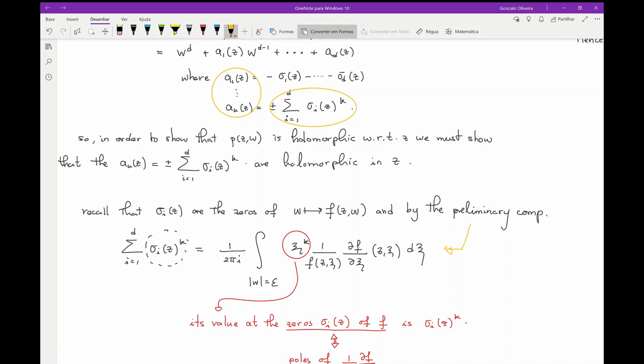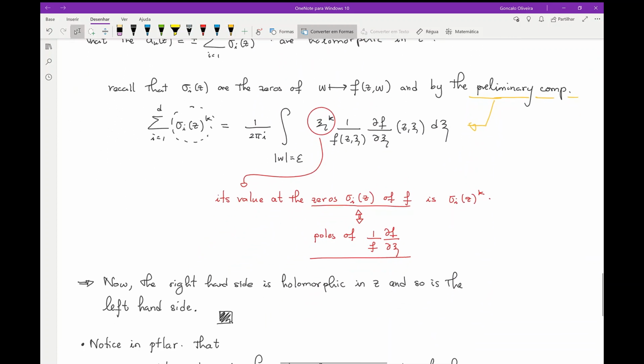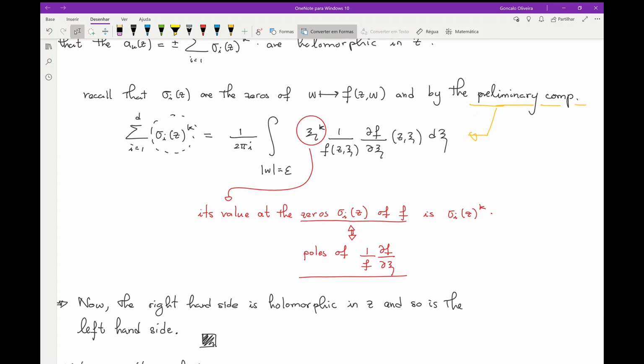The preliminary computation we did above gives you this, and then we need to look at this equality. On the right hand side you have something that is clearly holomorphic in Z, because in this region, when W is equal to, I'm here calling it chi, so chi equal to epsilon, in this region where I'm integrating, this function f has no zeros.